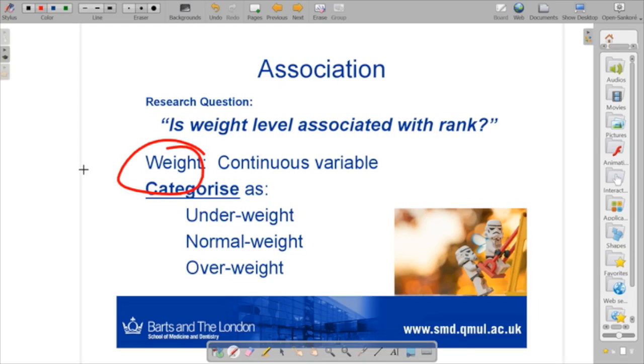Suddenly, age, the continuous variable, has been categorized into discrete groupings. And so we can do that with weight, and we could naively categorize into 3 groups: underweight, normal weight, and overweight. And we could choose what those categories are. They don't have to be equal sized, they're just categories.